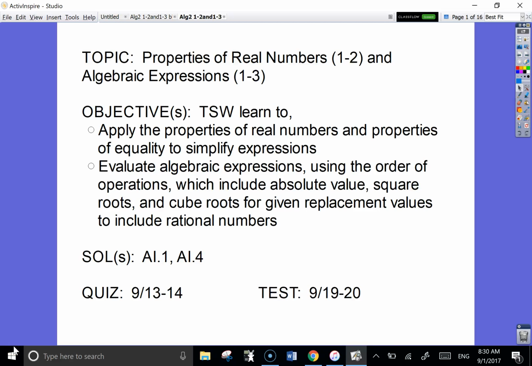So hello, and this is a test video of our first lesson in Algebra 2. I record these videos, post them to YouTube, and link them on our class website. So if you are ever absent, or if you don't understand something quite as well as you think you did when you were in class, watch the video.